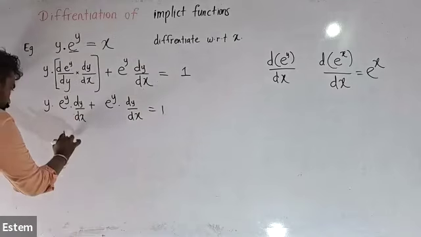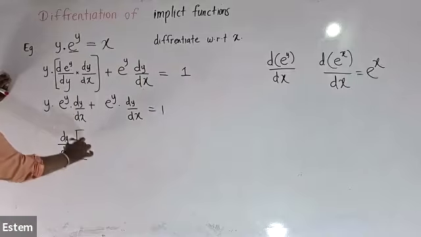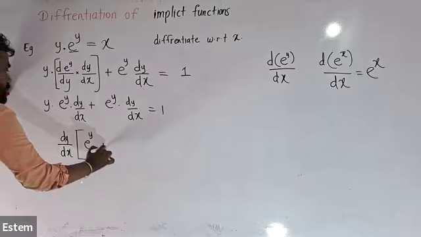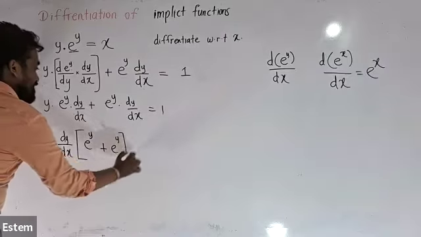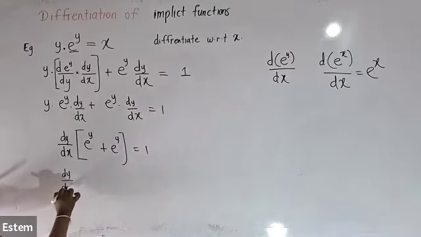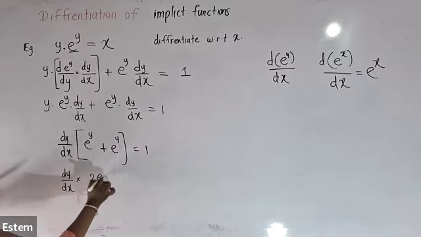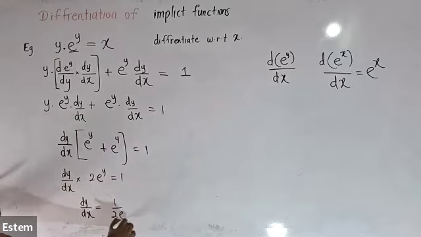Then I can pull out dy over dx here. Now e^y is remaining. This is also e^y, no? So it is 1. So dy over dx times 2e^y equals 1. Now what is the final answer? dy over dx equals 1 over 2e^y.